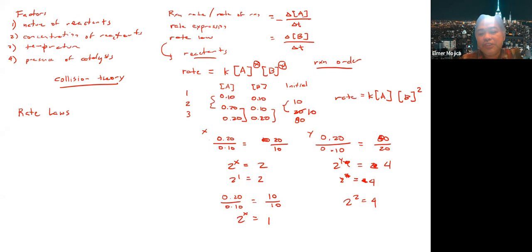Or 2 raised to the X will give you 1. 0. And if that happen, ganito yung rate law mo. Clear? Hindi mo na isasama yung A kasi 0 order siya eh. So, ibig sabihin, baguhin mo man yung concentration niya, hindi mababago yung kanyang initial rate.